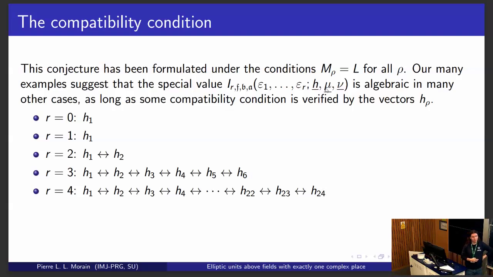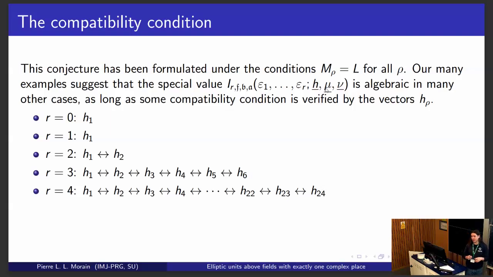So the compatibility condition: there is a natural obstruction from the choice of fundamental units you make to have the sublattice M rho equal to L. The compatibility condition is that I want all the M rhos to be equal to L. This is maybe the strongest form of compatibility condition.